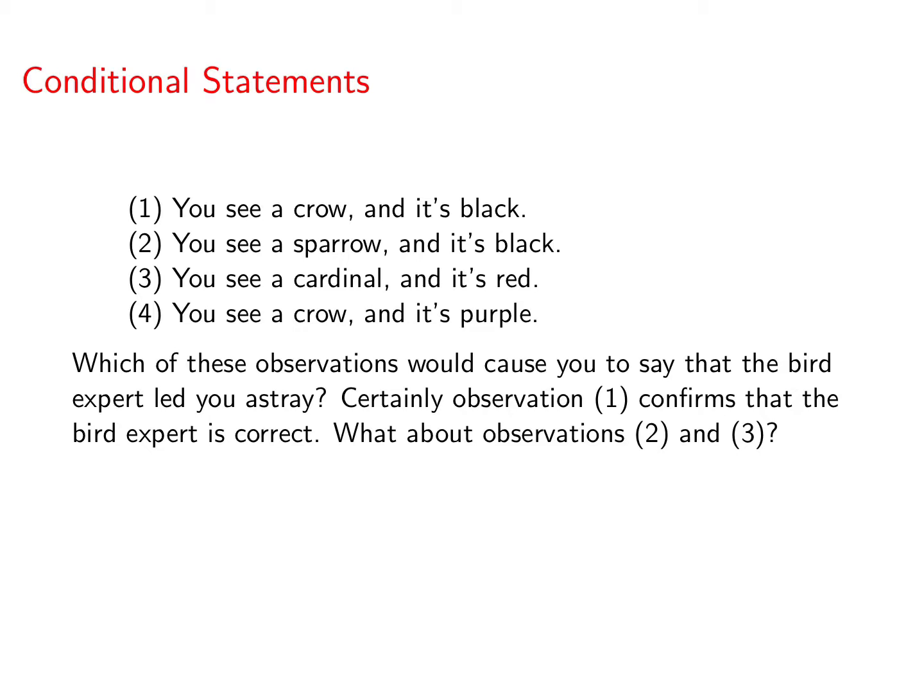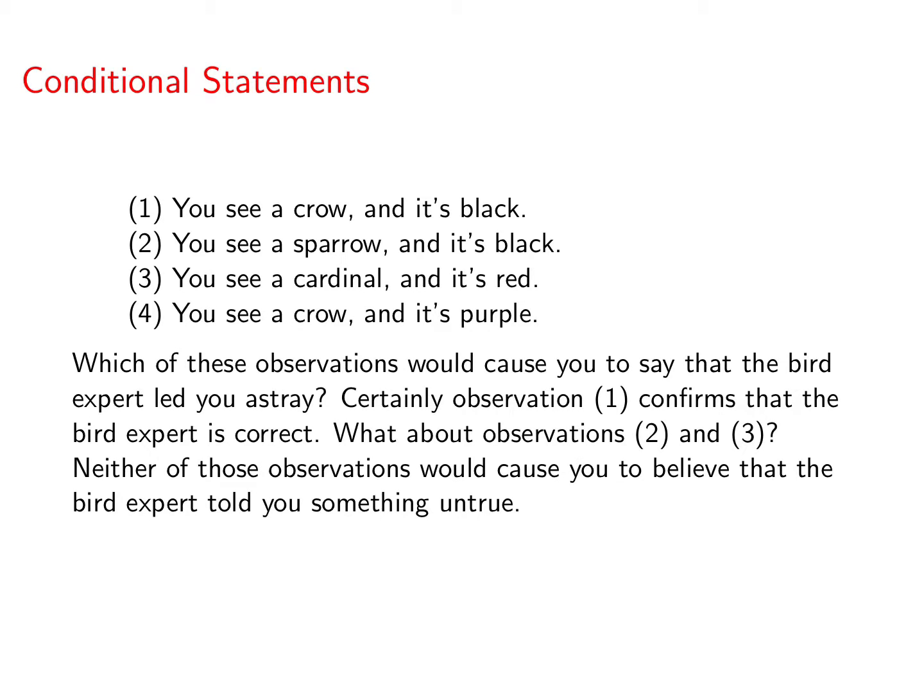But in observations 2 and 3, you're observing a sparrow and a cardinal, so it doesn't do anything to dissuade you from believing that the bird expert is telling you something true. So after the first 3 observations, you're pretty much convinced that the bird expert does know what he's talking about. So none of those observations lead you to believe that the bird expert told you something untrue.